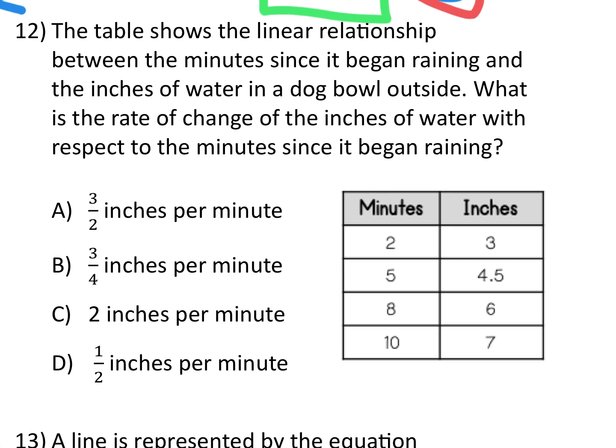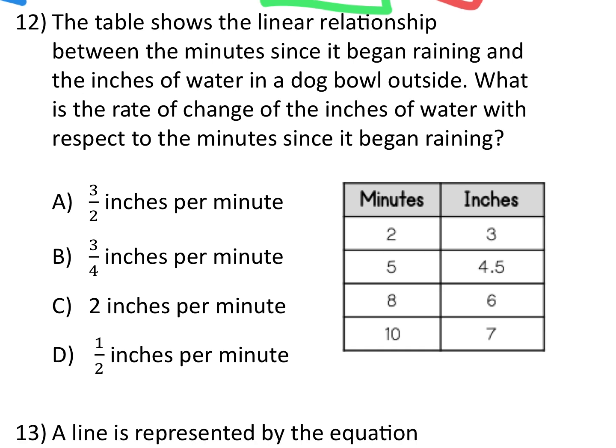Over here we have a table. So you could, in fact, if you had your calculator, use list and spreadsheets. You could also do x1, y1, and x2, y2. So I'm going to use that method just because it's easier to visualize.